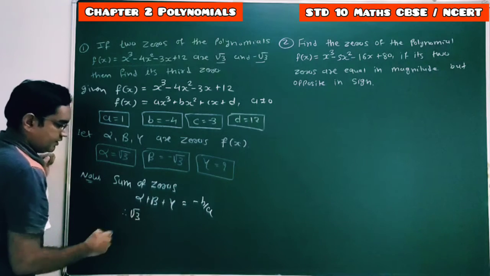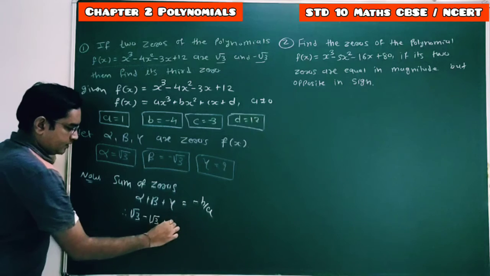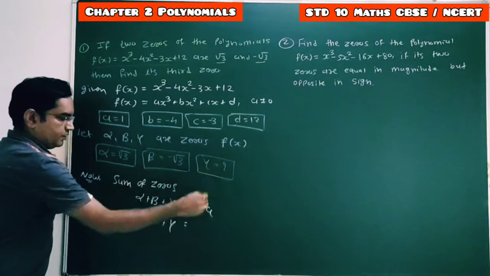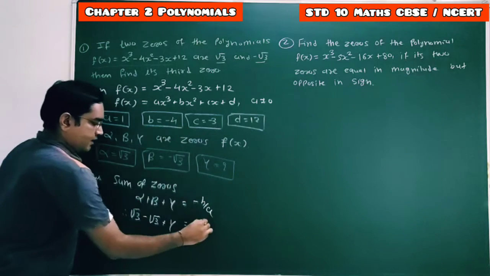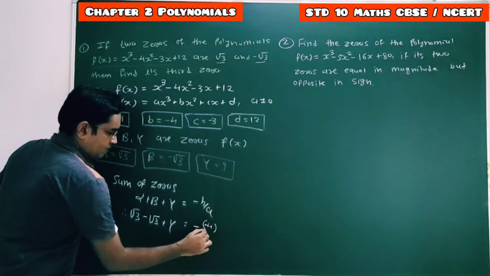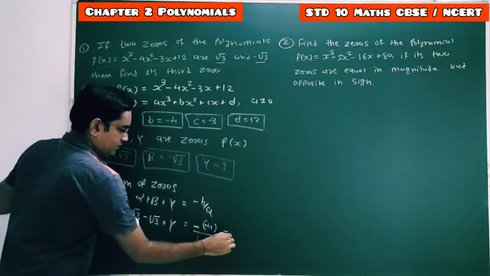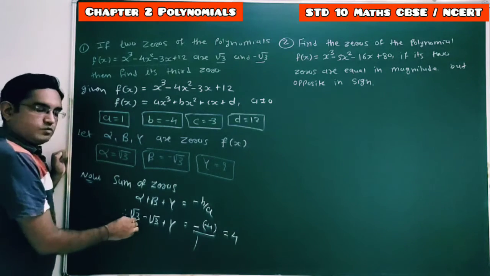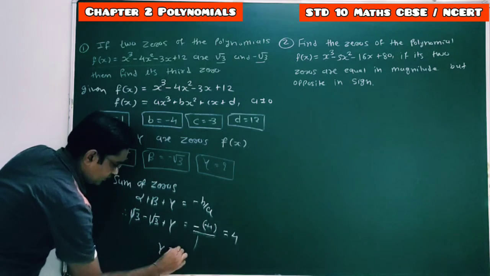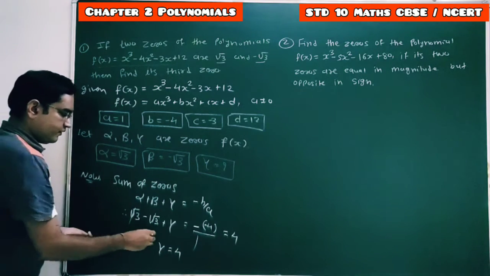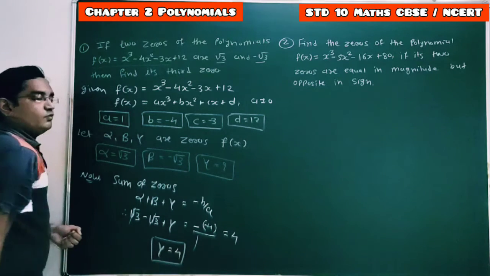Alpha is root 3. Beta is minus root 3. So it's root 3 minus root 3 plus gamma, the third zero that we have to find, equal to minus of b by a, where b is minus 4 upon a which is 1. Minus minus is plus, so this is equal to 4, and root 3 minus root 3 cancels. So here we are getting the third zero, that is gamma equal to 4. The question was to find the third zero of this cubic polynomial. So that third zero is gamma, which is equal to 4.